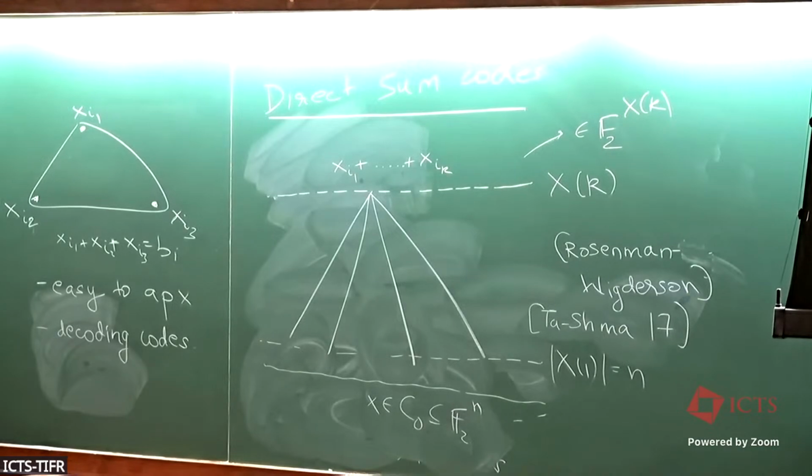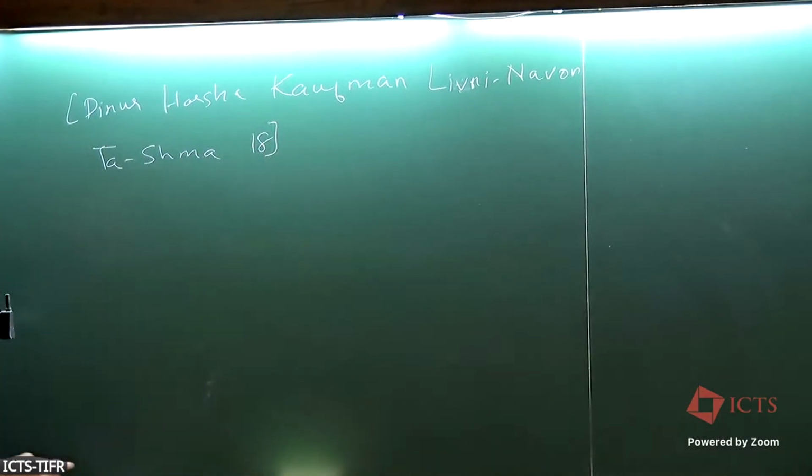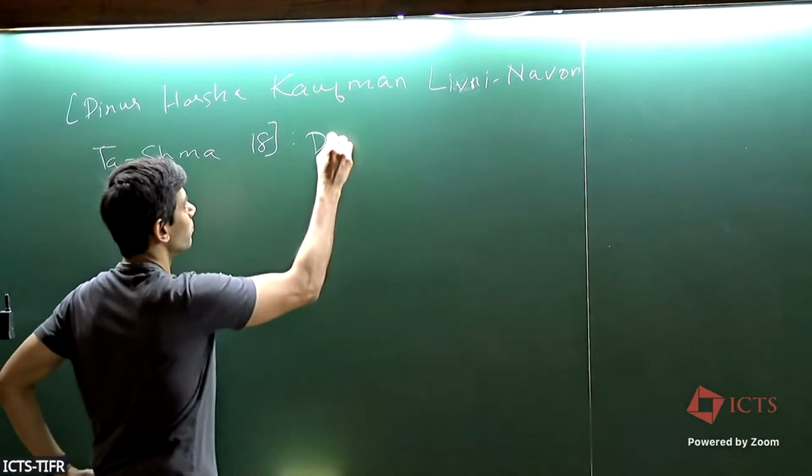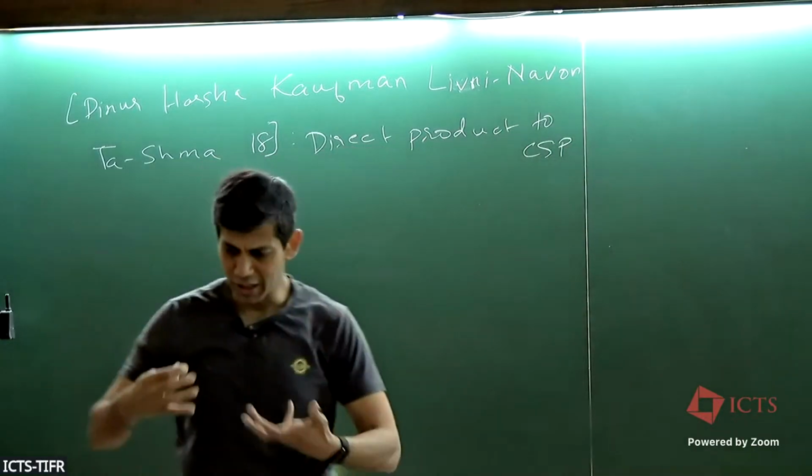So the connection to CSPs: there was one paper which looked at HDXs and direct product codes, and this was a result of Dinur, Irit Dinur, Prahladh Harsha, Tali Kaufman, Inbal Livni Navon, and Amnon Ta-Shma, which related direct product codes to CSPs through what Max was saying, agreement testing.